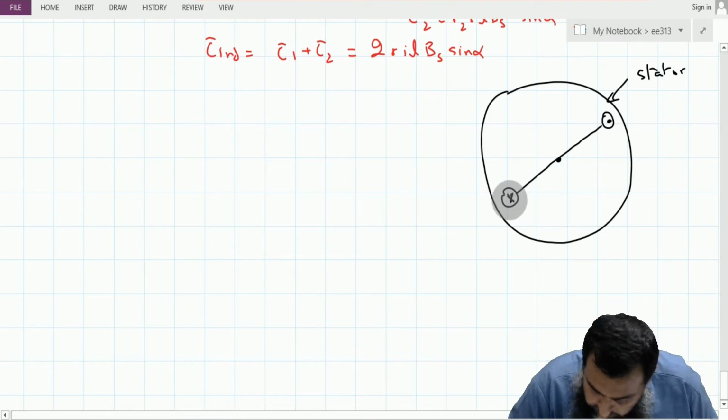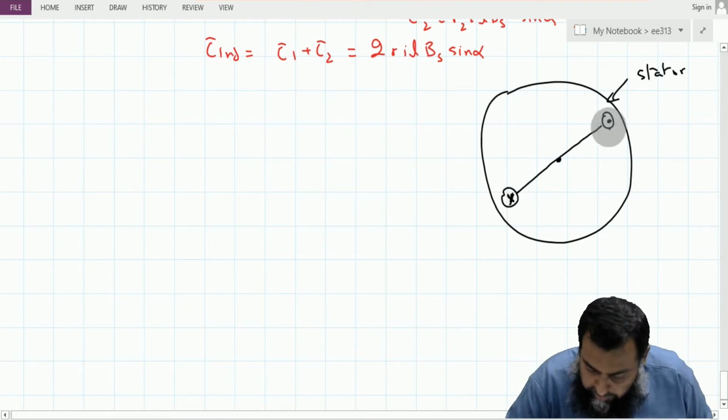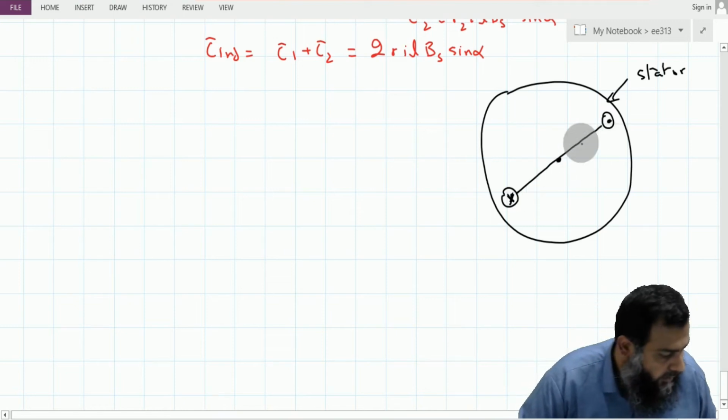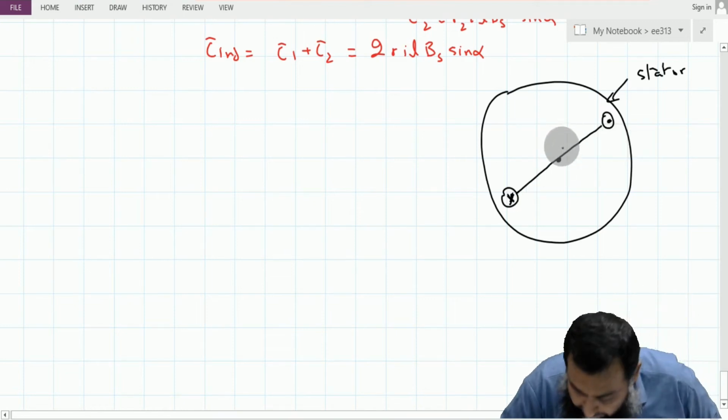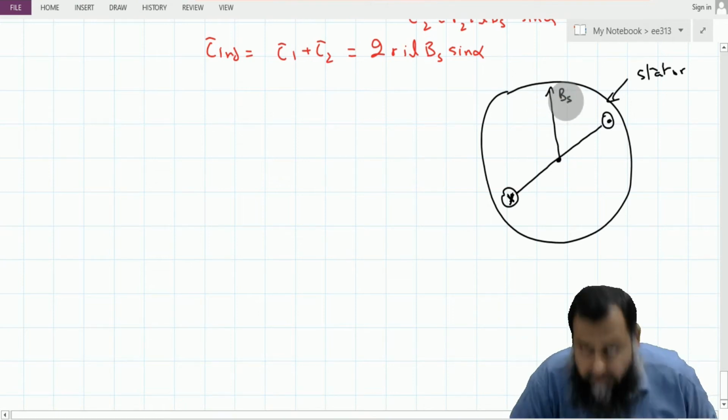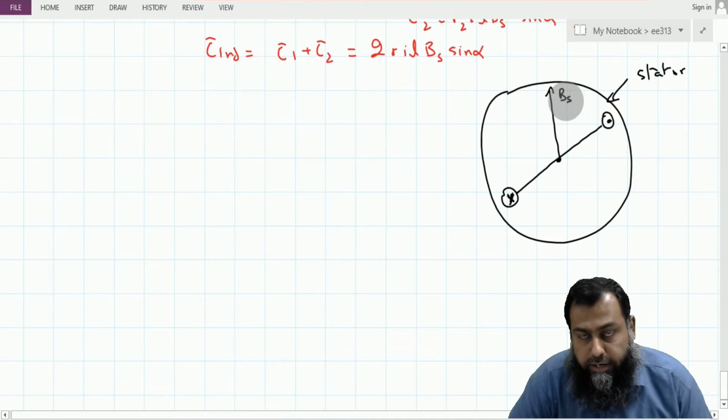The current is moving into the connector here, and it is coming out of this connector in this particular coil. So here we have this BS, which is the magnetic field due to the applied voltage on the stator winding.